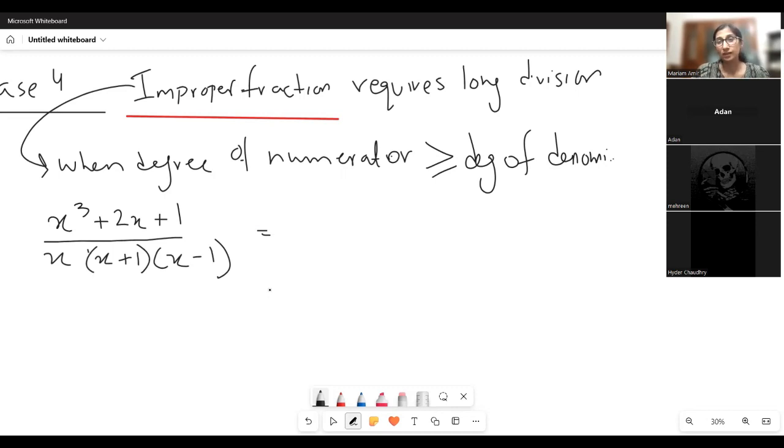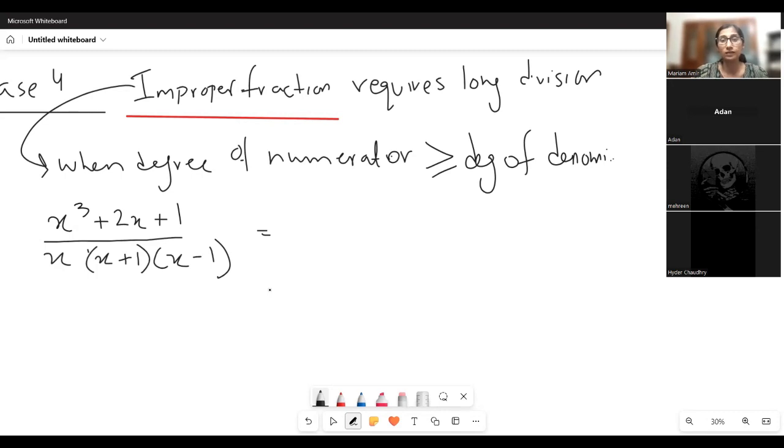However, this is an improper fraction because the degree of the numerator is 3. By degree, I mean the highest power of x. And also the degree of the denominator is 3. If you expand the denominator, you're going to get x cubed. So the numerator is an x cubed term, the denominator is an x cubed term.